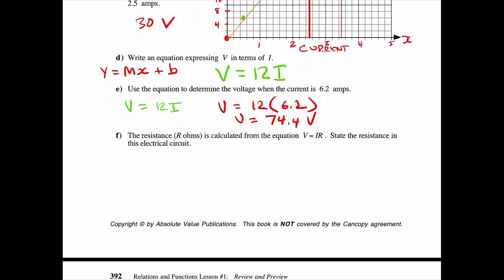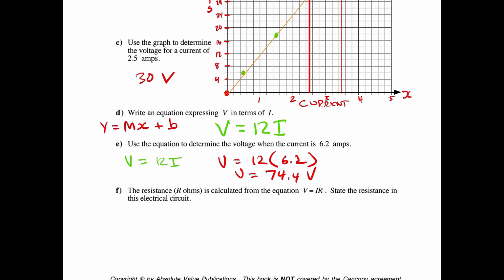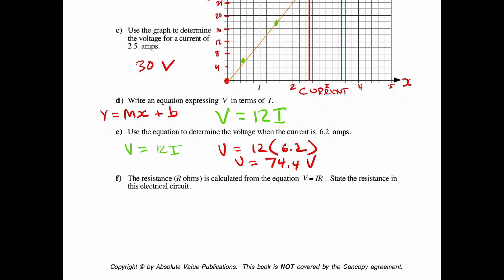Okay, and part F says the resistance in ohms is calculated from the equation V equals I times R. So voltage equals current times resistance. State the resistance in this electrical circuit. Okay, so if we take our equation, which is voltage of 74.4 equals I, 6.2 amps, times R. Now I just want to divide this by 6.2, divide this by 6.2.